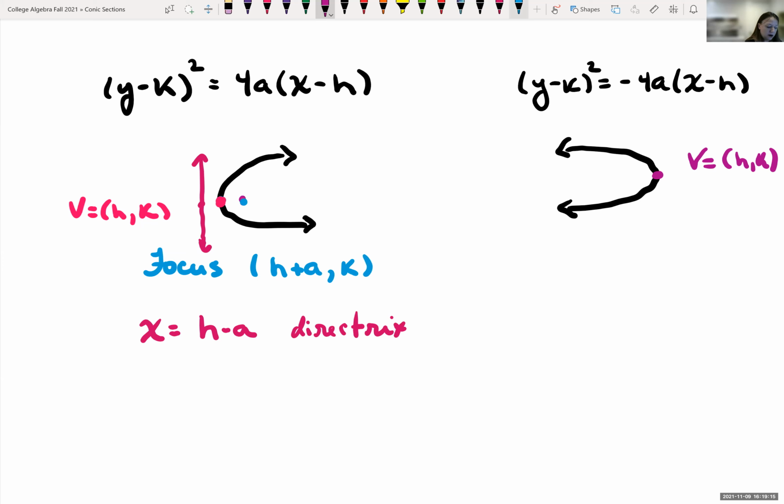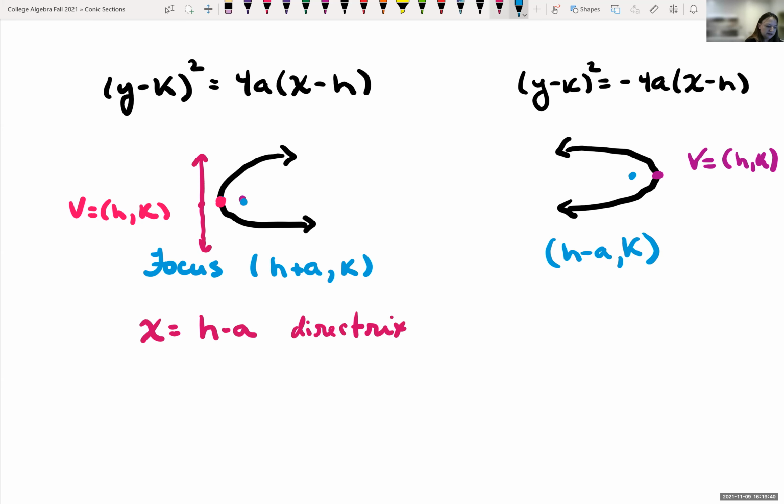To get to our focus, though, it's that same y value, but the h value from our vertex, we're subtracting a to get to this focus. So it's going to be (h minus a, k).